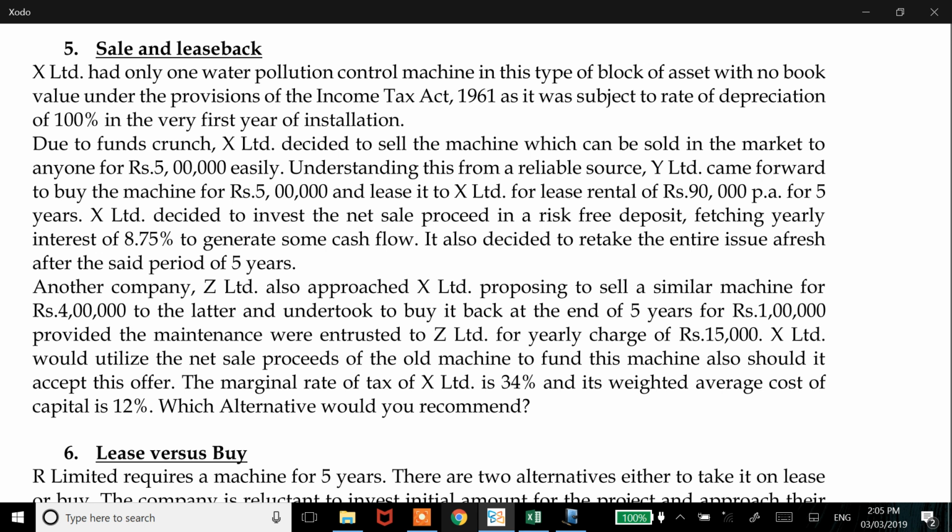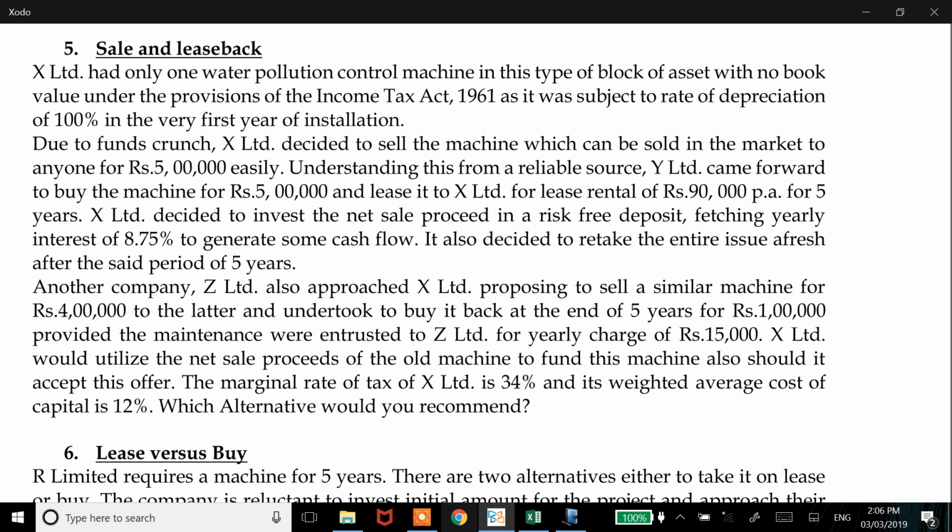Point number A, the company will sell the machine for rupees 3,30,000 and buy a new machine for rupees 4 lakhs.